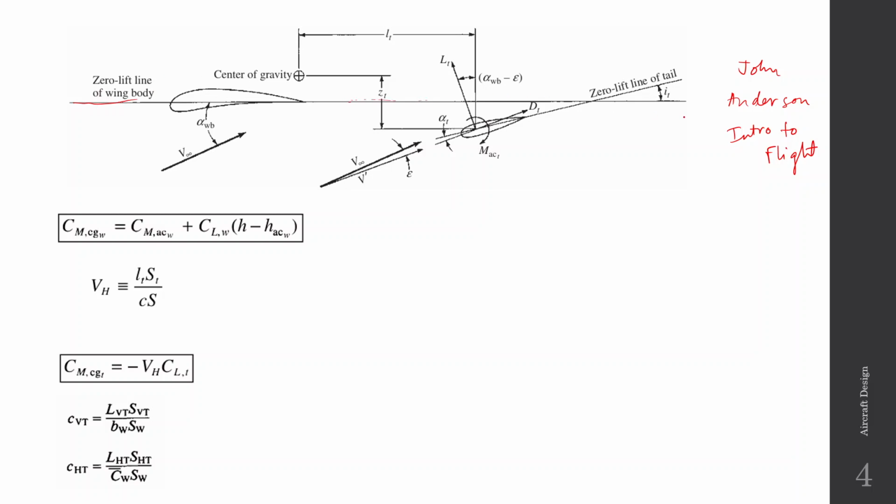So this line represents the aircraft. So over here we have the wing, and here we have the tail. And this is the free stream velocity. You can see that the free stream velocity is coming at an angle of attack alpha. We also have the center of mass over here, and due to downwash, the angle of attack tends to reduce.